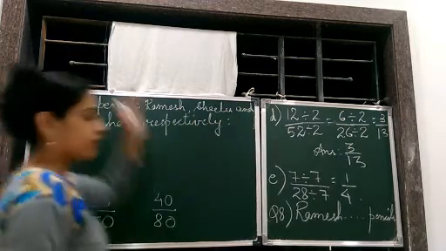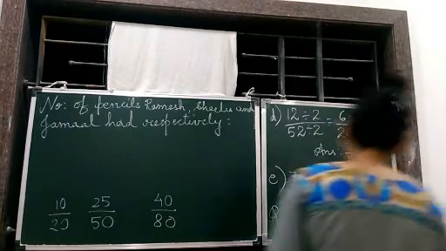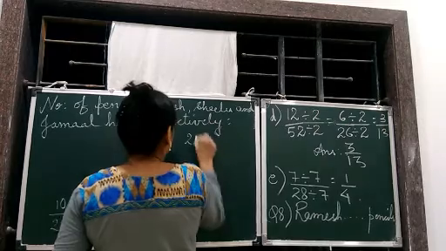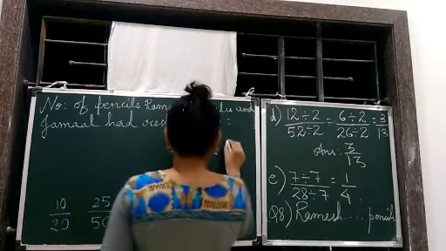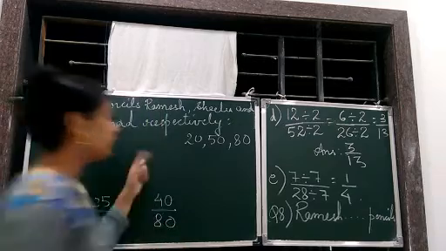Respectively means according to the names the number of pencils is written. So Ramesh had 20, so I am writing here 20, then here it is 50 and 80. Okay, now we have to find the fractions.